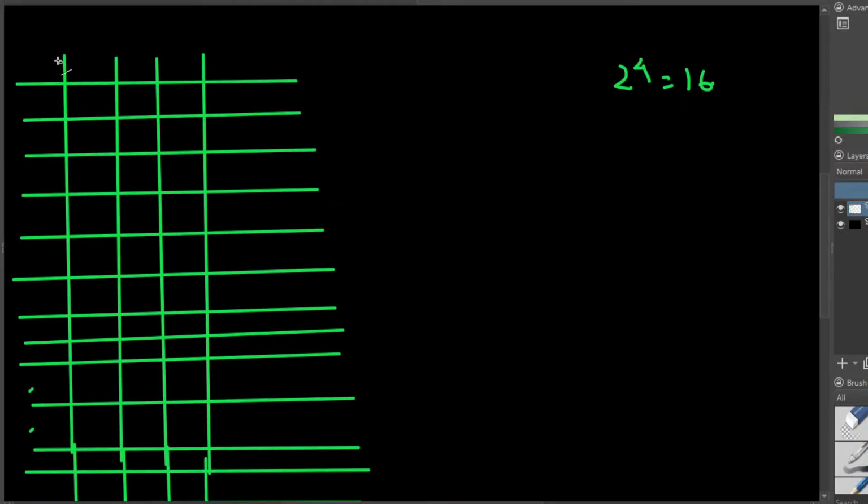Let's make some more space. Now let's put in our variables A, B, C, D, and then here we have the function that's given.